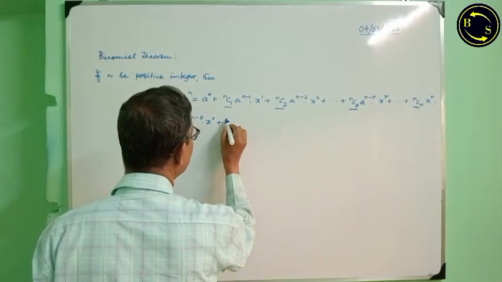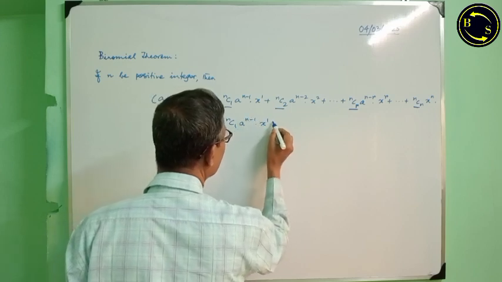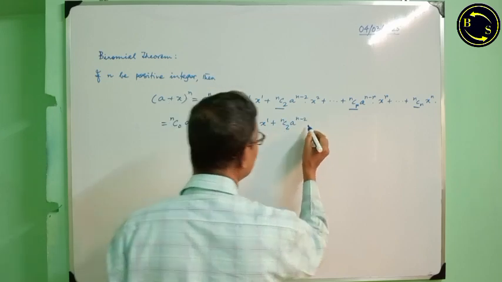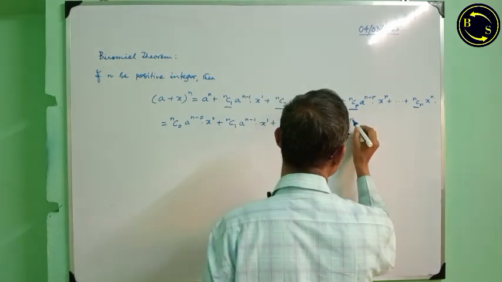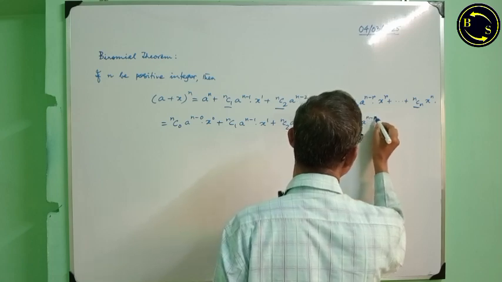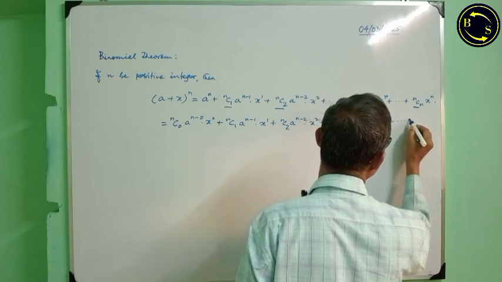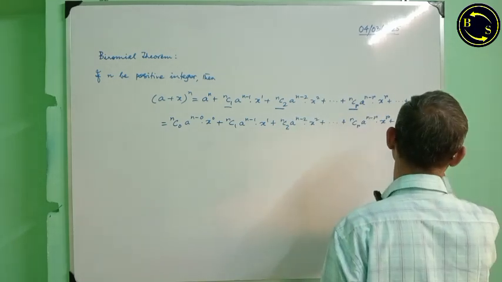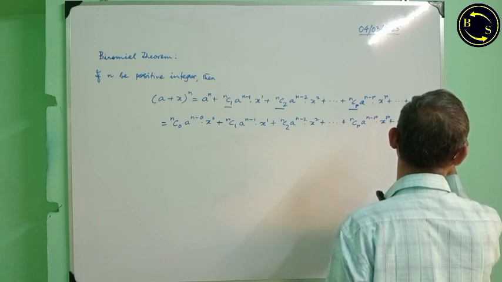The next term will be nc1 a to the power n minus 1 x to the power 1 plus nc2 a to the power n minus 2 into x square plus ncr a to the power n minus r into x to the power r plus dot dot dot plus ncn a to the power n minus n into x to the power n.